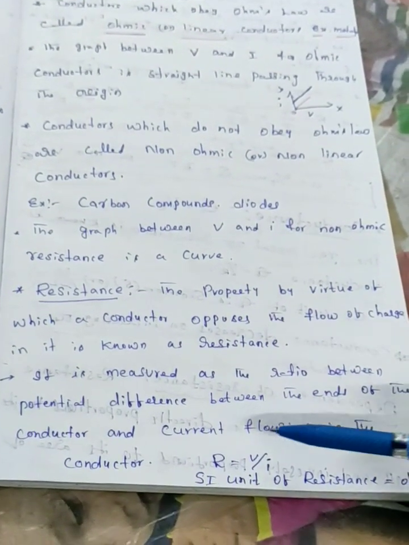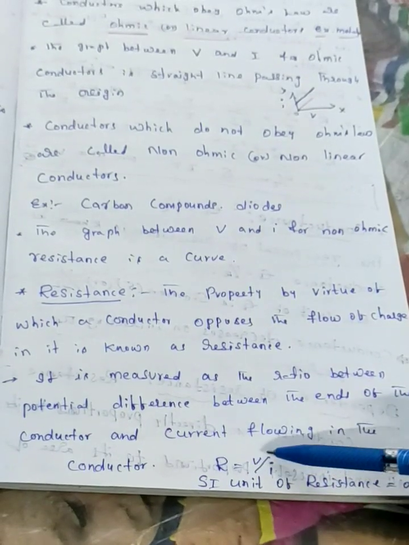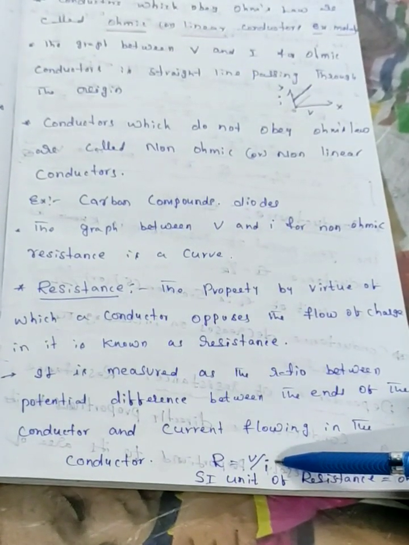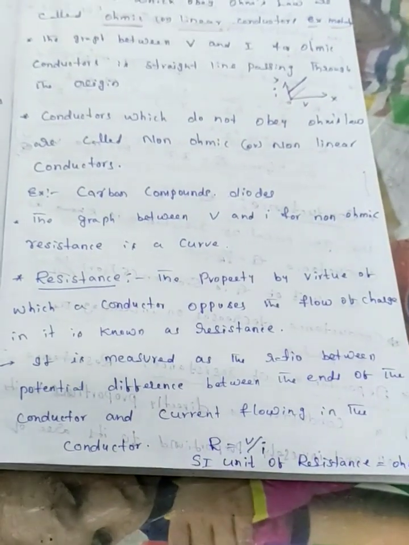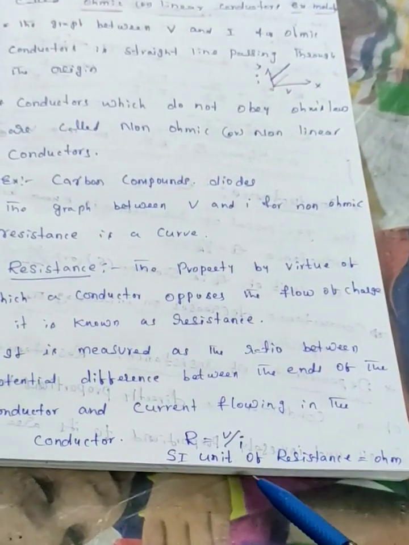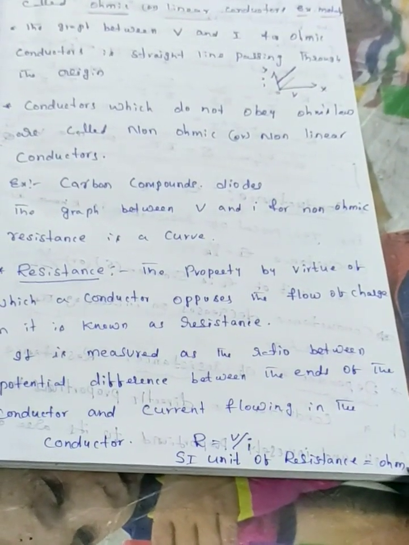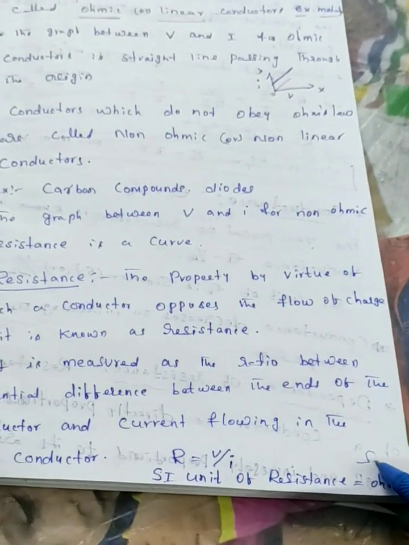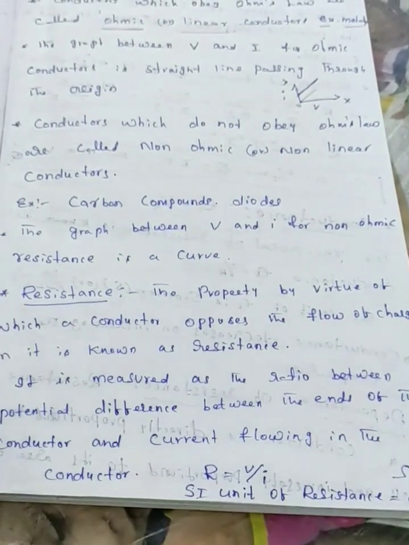One more formula, already told, is the ratio of potential to electric current. The SI unit of resistance is ohm. The ohm symbol we will use like that.